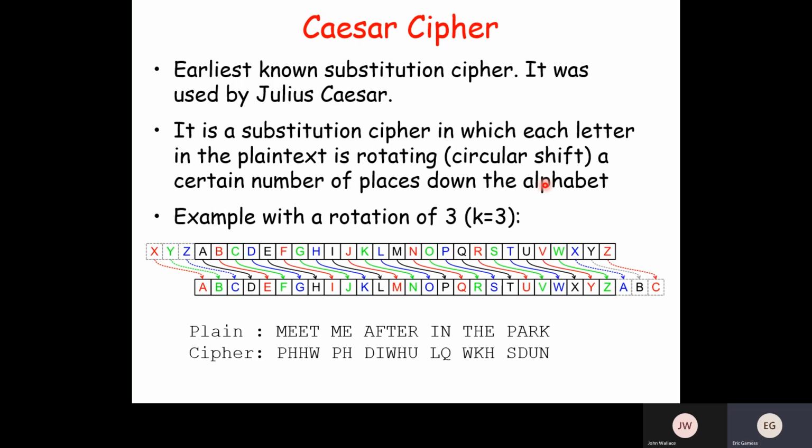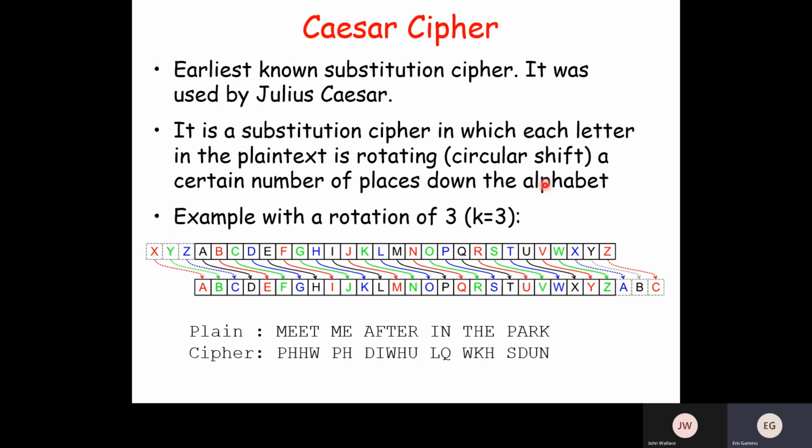So if they capture the person that rides the horse with the message, they get a message that is encrypted, and they don't understand it. That was the idea. It was something very easy compared to the algorithms that we have today, but it was enough at this time, no?